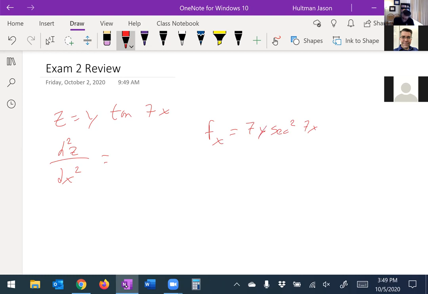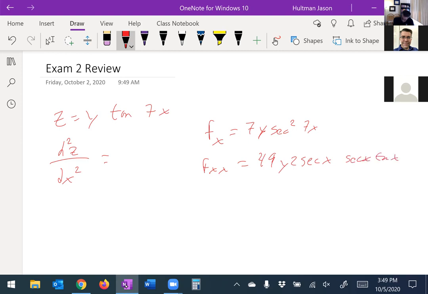Okay, so now let's do f sub x of x. So 7y. The derivative of secant is secant tangent. Because again, that's chain rule. How I got the 7y was the chain rule. And so this is going to be 49, because I'm going to do the chain rule again. 49y times 2 secant x times secant x tangent x, right?